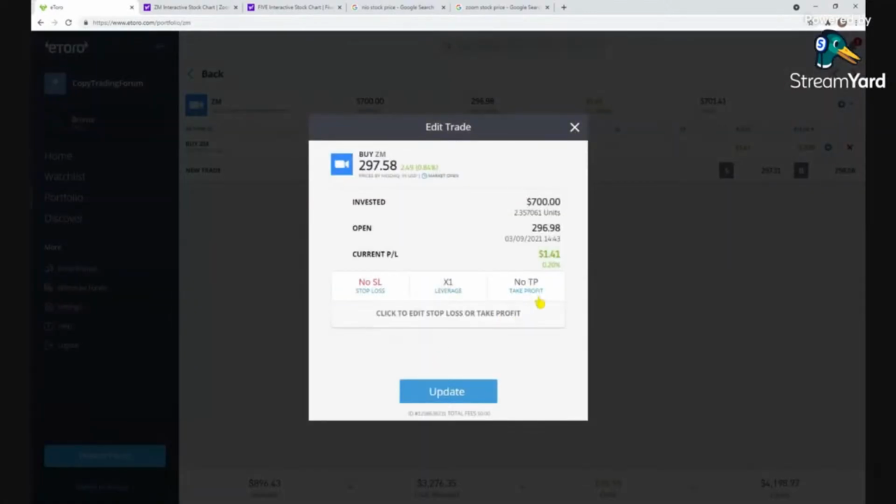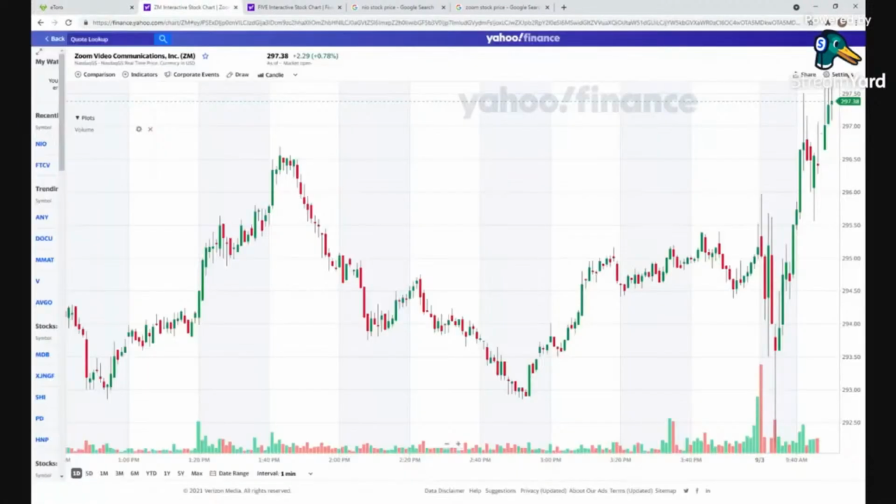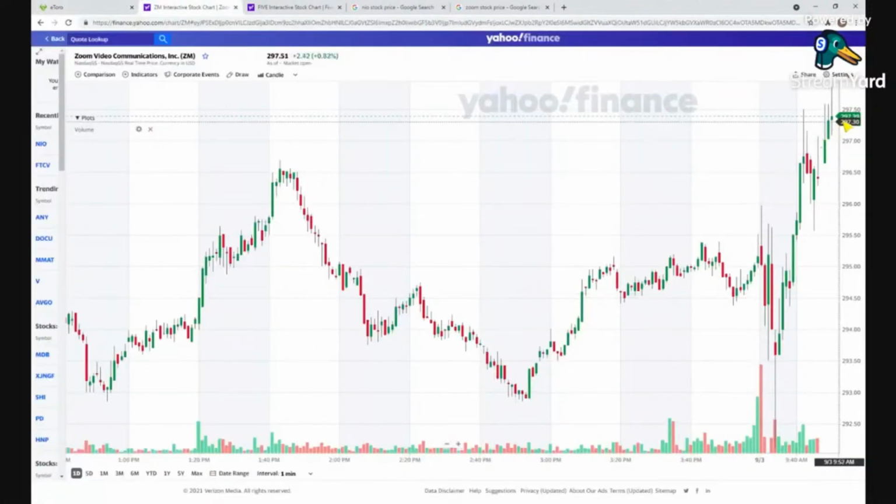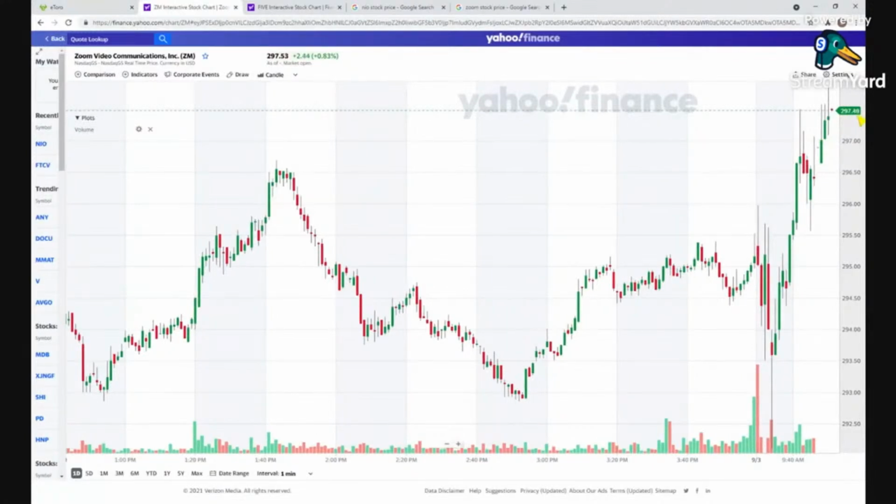So let's be safe. Better safe than sorry. I would love to see that go up a bit more. It's 297.48. So if it can go up to 298, you know it can go higher.